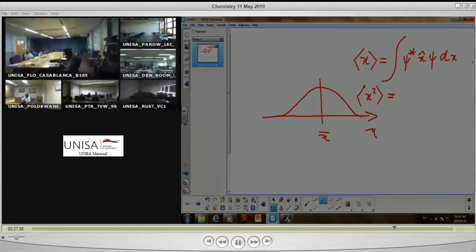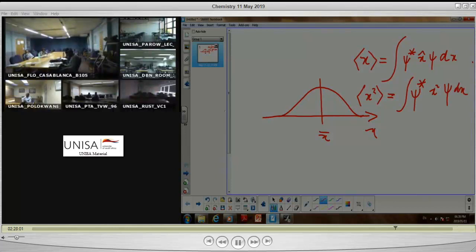Because these integrals exist in tables. They exist in tables. All you have is you take this normalized wave function, you multiply it so it's a square.